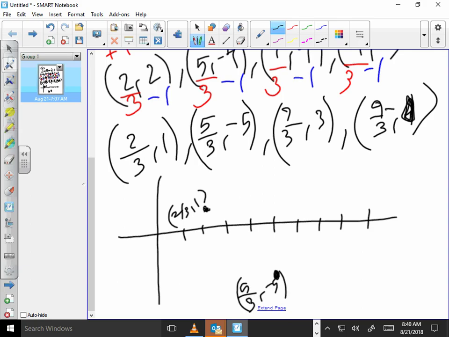And then I've got (7/3, 3). And finally, I have (3, -1), or 9/3: 7, 8, 9, -1. And then I connect the dots.